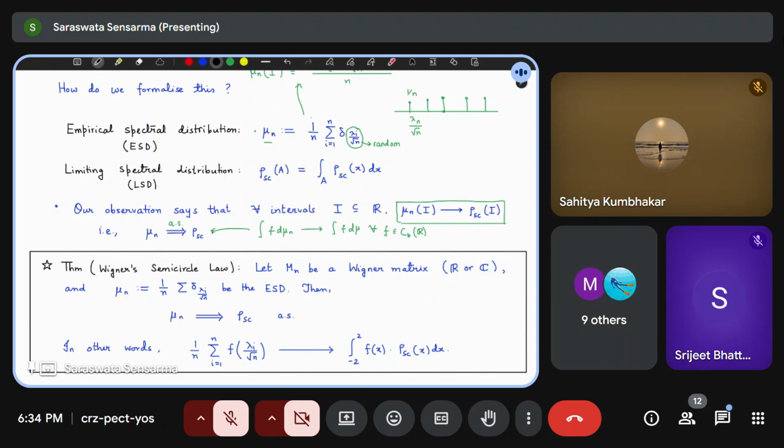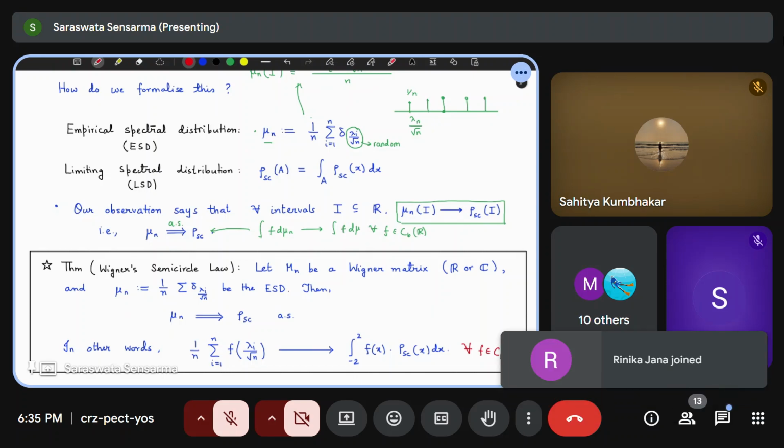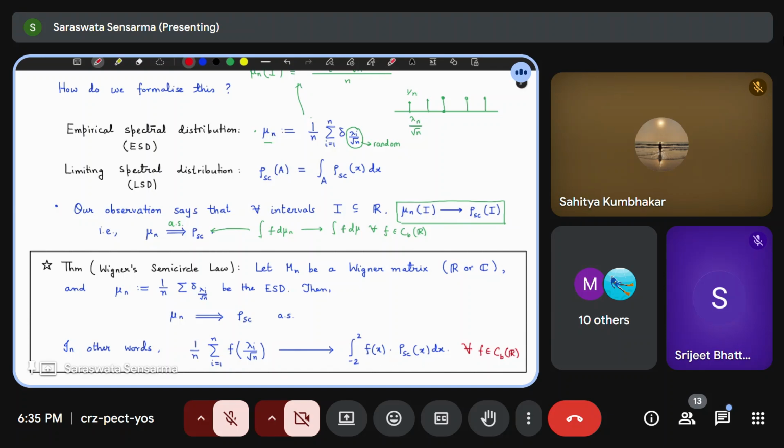In other words, if you don't want to deal with measures and all these things, what this is saying is that if you have any continuous and bounded function, in fact, more is possible, any measurable function, then the average, summation i equals 1 to n of f of lambda_i over root n, converges to the integral of f(x) with respect to this distribution rho.